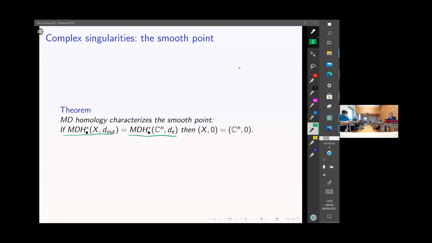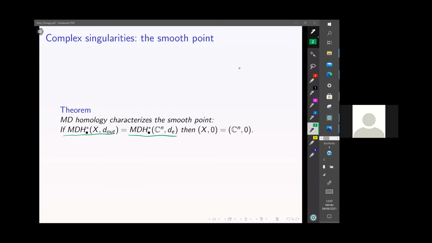Any questions? I have a question. Maria, let me ask you the following. For curves, you could estimate easily the homology in terms of the degree of the equation, right? But what do you think about the surfaces?